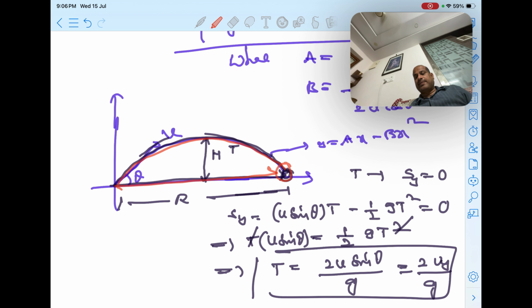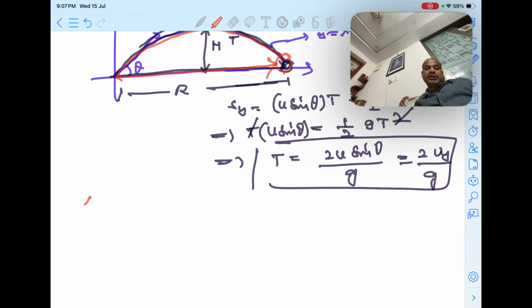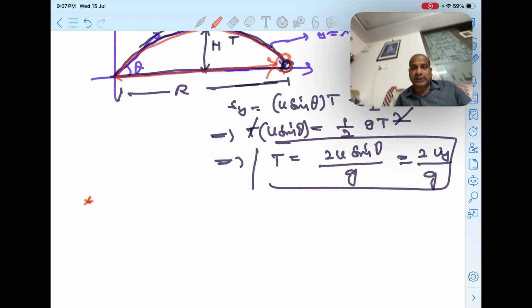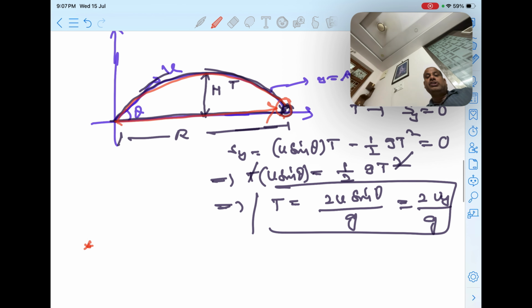In the same time, vertical displacement becomes 0 and horizontal displacement is there. And this time taken is called time of flight. So you can call time of flight the time taken to reach the ground, or the time for which the particle is in journey before landing. Now during this time, how much horizontal distance is traveled? That we call what, students? Range.